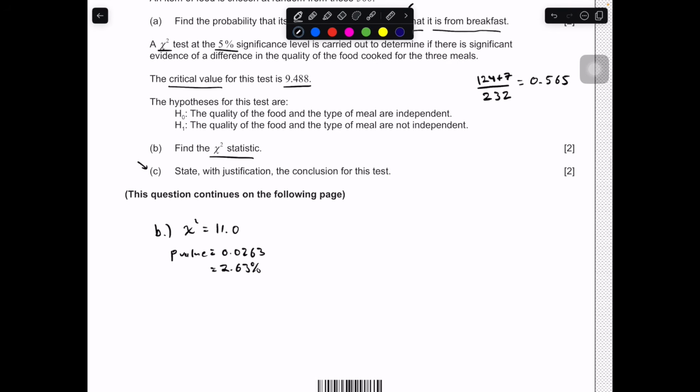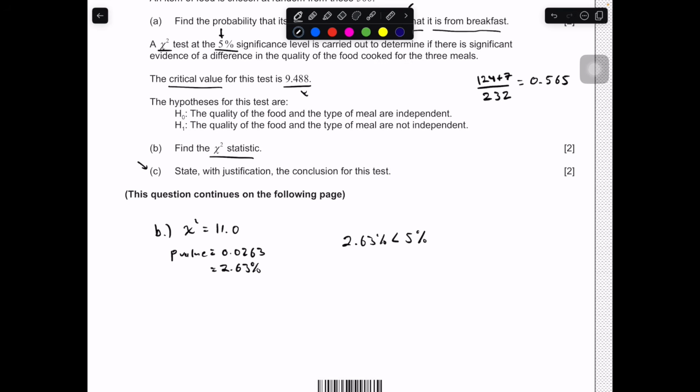So we've got a chi-squared value and a p-value, so we can use either one since we have a significance level and a chi-squared. P-value is the most common, so let's actually just start with that. So what can we say? Let's relate our p-value to p-critical. We know that 2.63% is less than 5%, and so our p-value is less than our critical value.